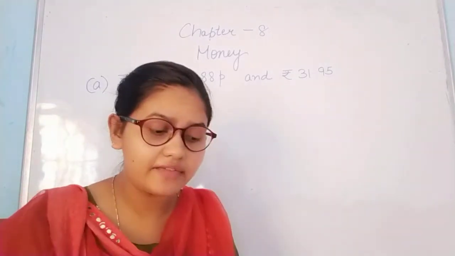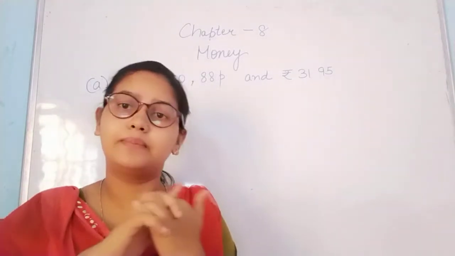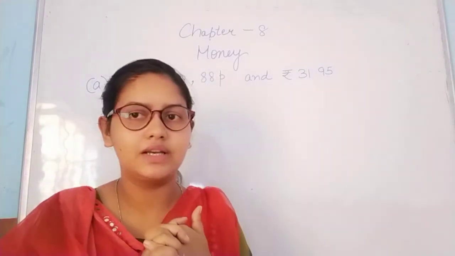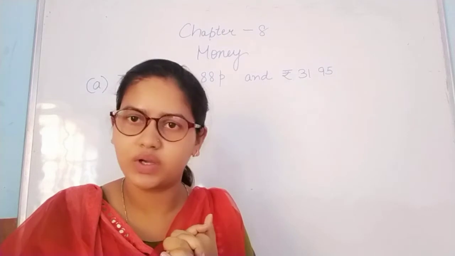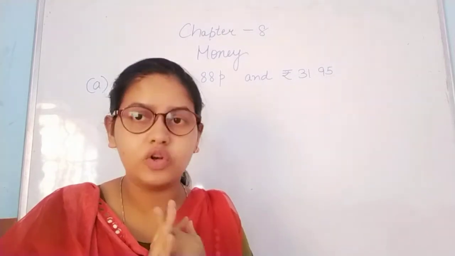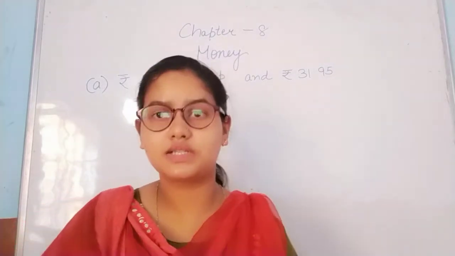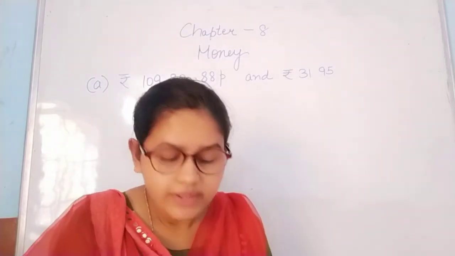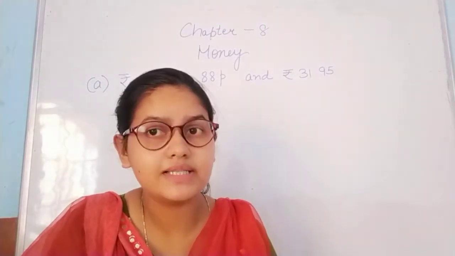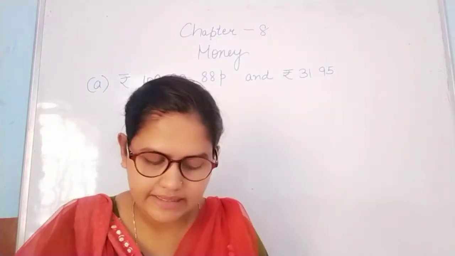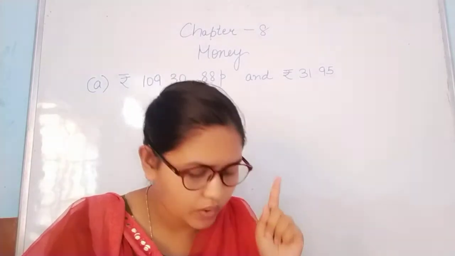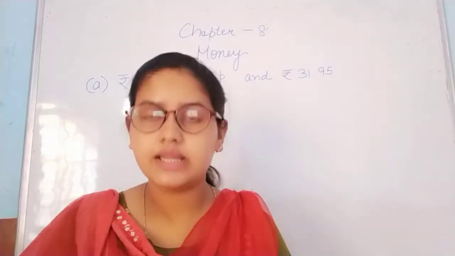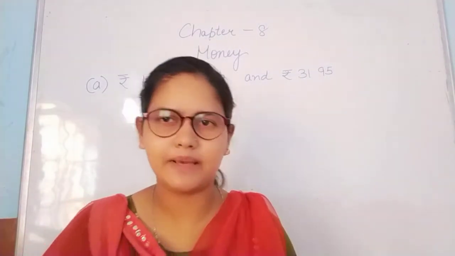As we have done some work in our previous class, which was to add the following amounts of money in our book, hope you have done this. If you have not done this, we will just take the answers. The first one, where we have to add 14 rupees 60 paise and 22 rupees 55 paise, the answer is 37.15, right?